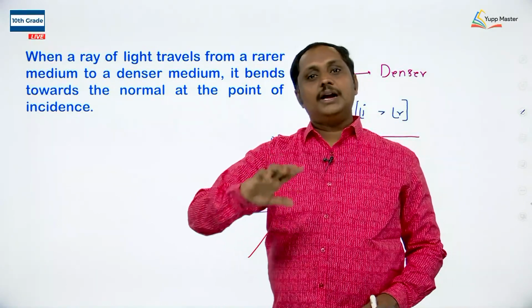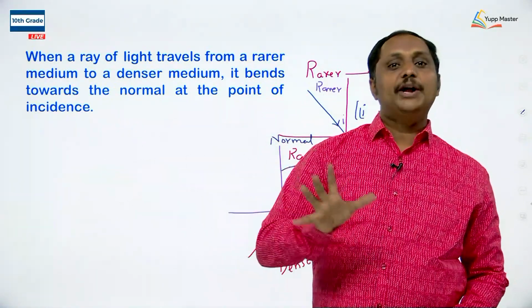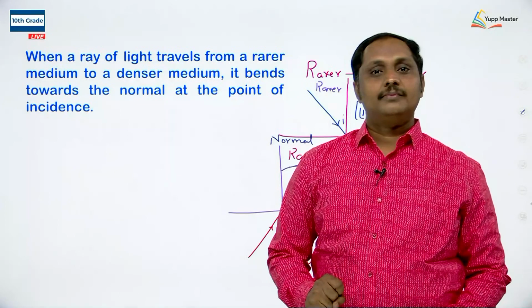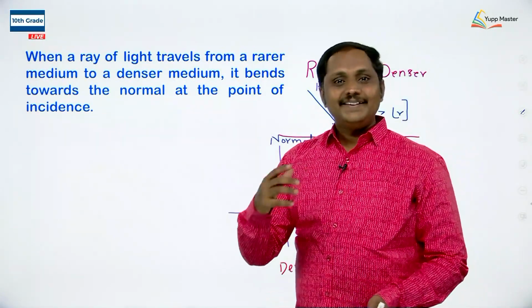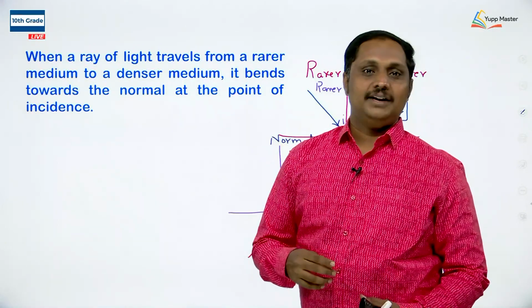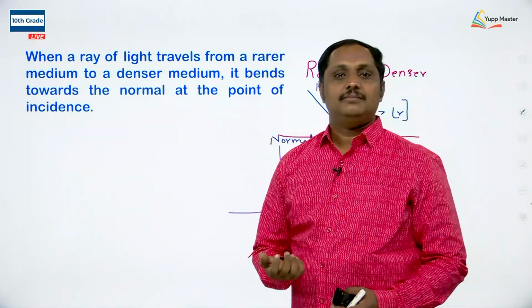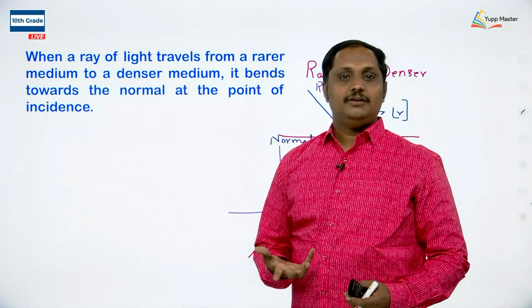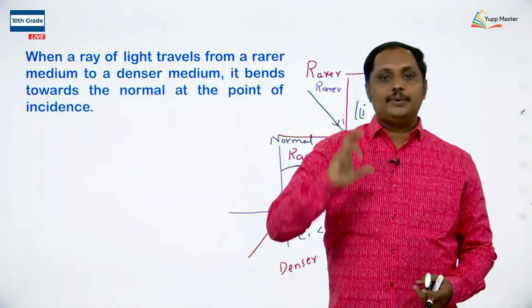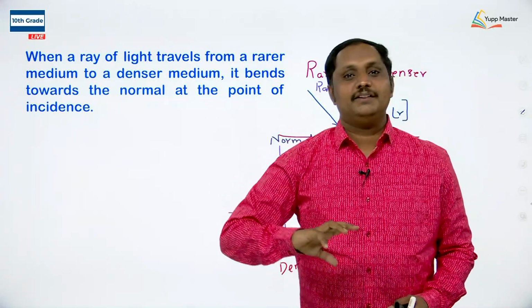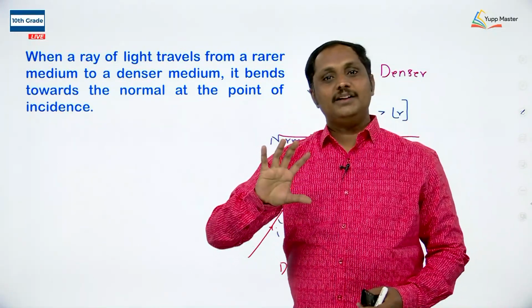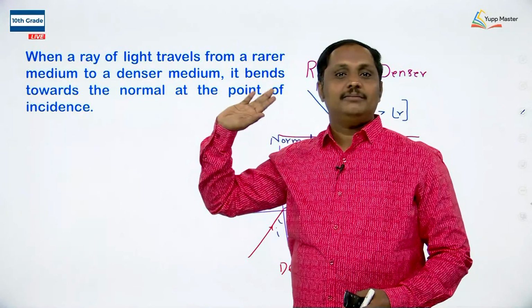Suppose you allow light rays from one medium to another medium at 90 degrees, it does not get any deviation, it does not get refraction. What is the reason? If the first medium and second medium both have the same density, then there is no refraction.